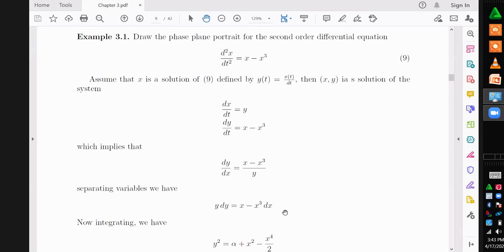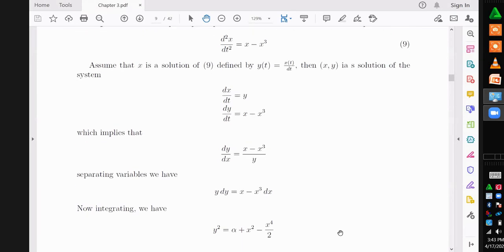Now taking the integral, y square over 2 is x square over 2 minus x exponent 4 over 4 plus some arbitrary constant alpha. So just multiply this by 2. So you can see y square is alpha plus x square minus x exponent 4 by 2. So this is the general solution of this differential equation.